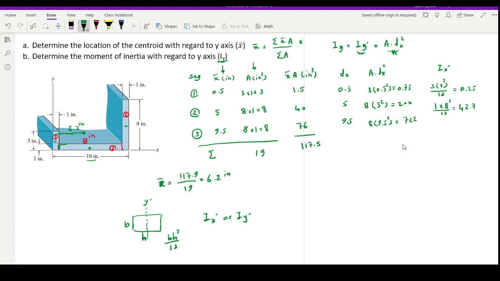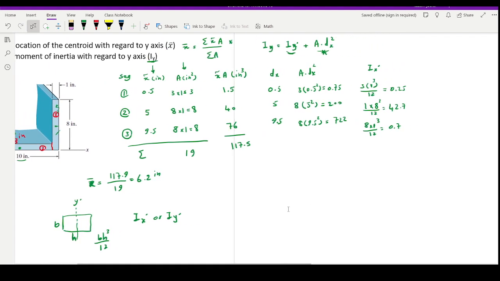And this third one, which is this rectangle here, it's going to be 8 times 1 cube divided by 12, and that's going to be around 0.7 if I round it up. Now I have both parameters for my Ix or Iy. I can solve it, and it's going to be the sum of these two guys.